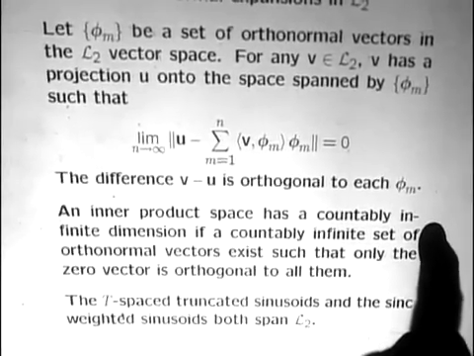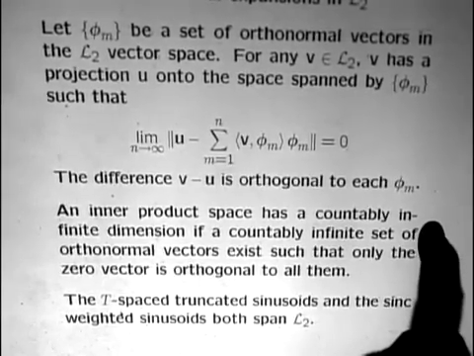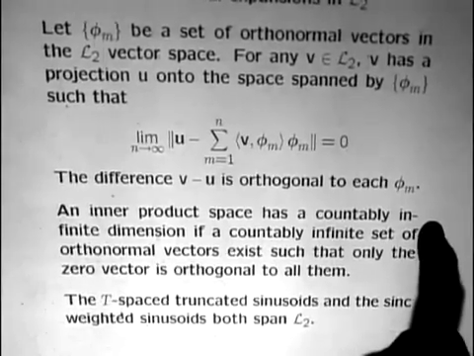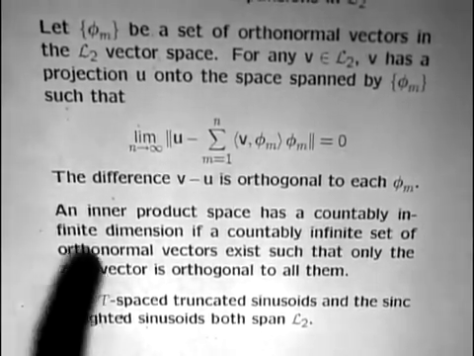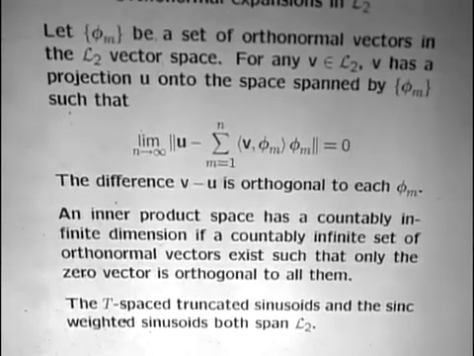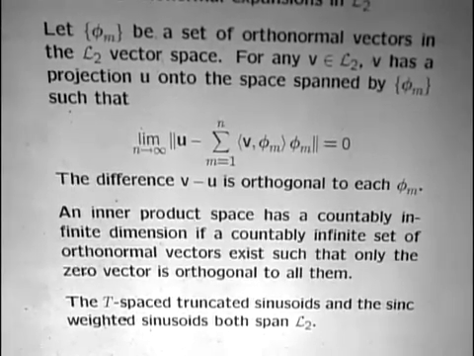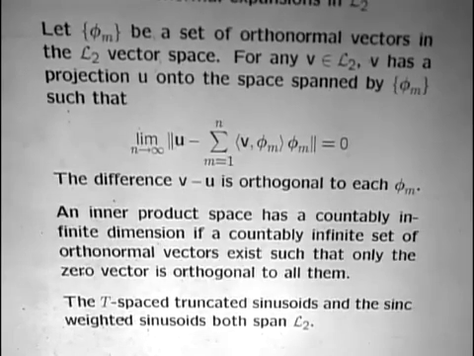I mean, we could have gotten it from looking at the Fourier series, but this is the thing which is general for every orthonormal expansion in the world, not just the Fourier series. Okay, and then we say that an inner product space has a countably infinite dimension if a countably infinite set of orthonormal vectors exist such that only the 0 vector is orthogonal to each of them.